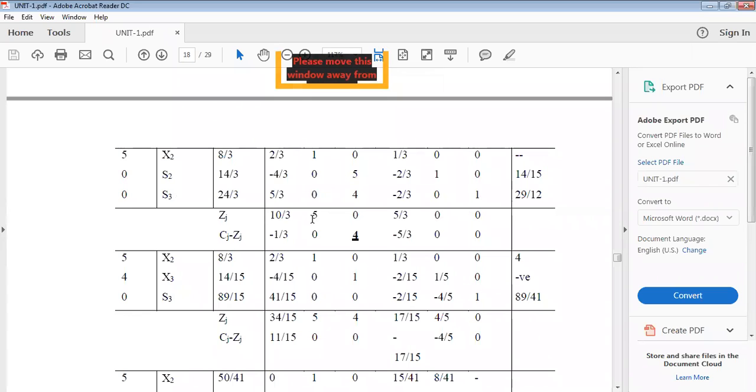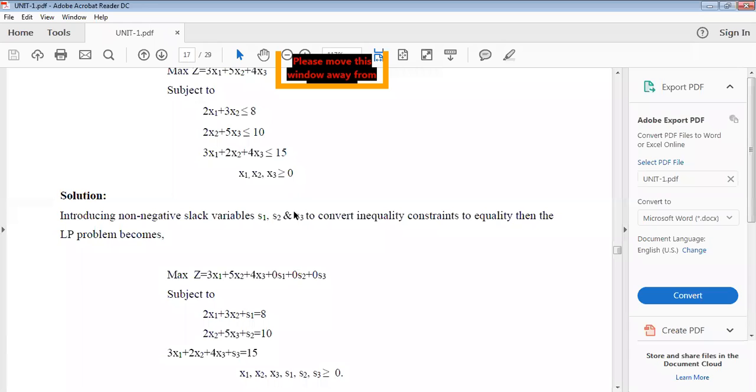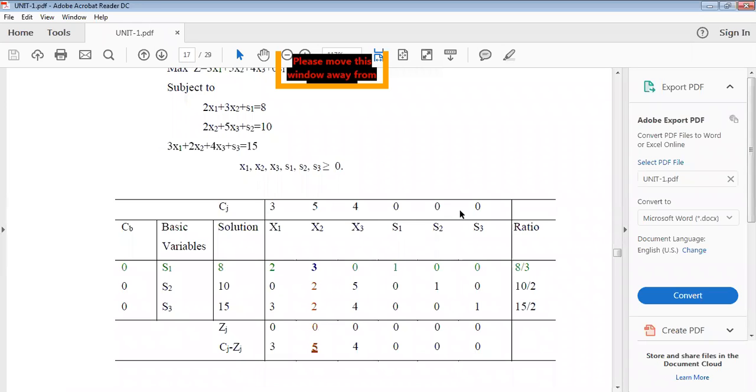Now CJ minus ZJ. CJ does not change. If you go to the top equation, you will find out what CJ is. This is 3, 5, 4, 0 zeros.